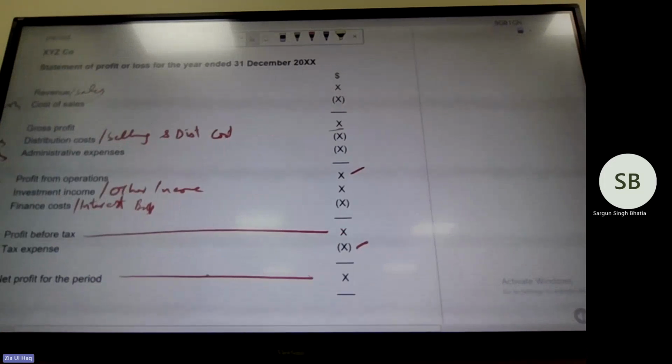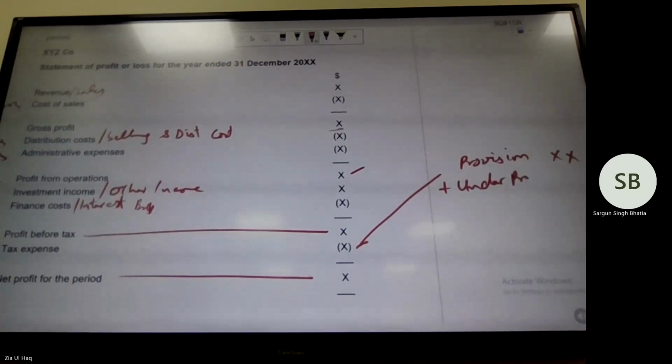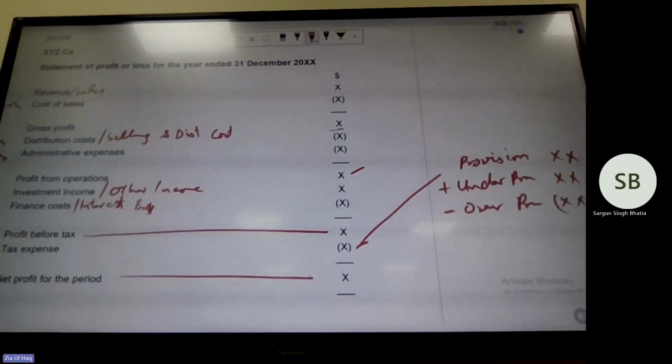How can we calculate this tax? To the current year provision for tax, we need to add under provision of the previous year. And we need to deduct over provision of the previous year, then we will arrive at the profit and loss figure of tax.